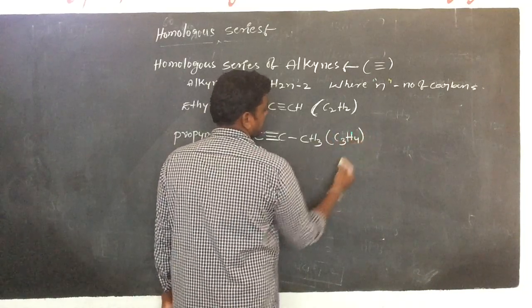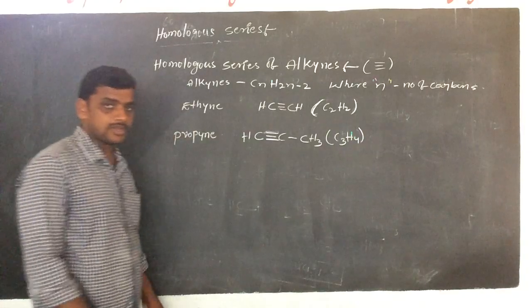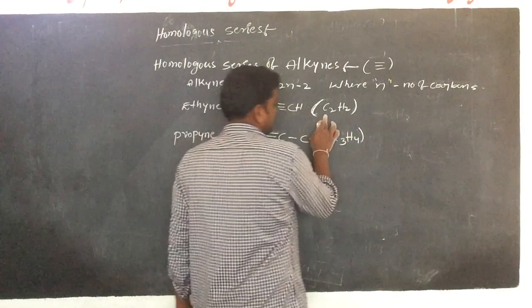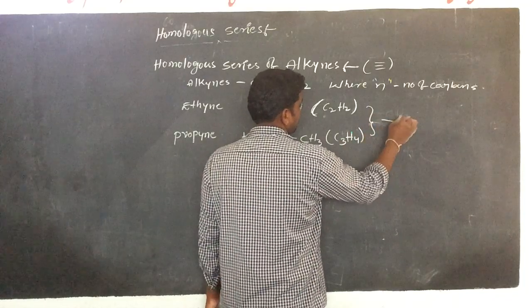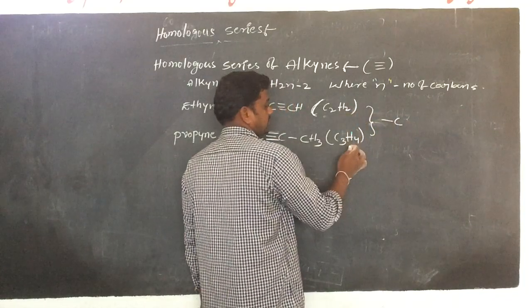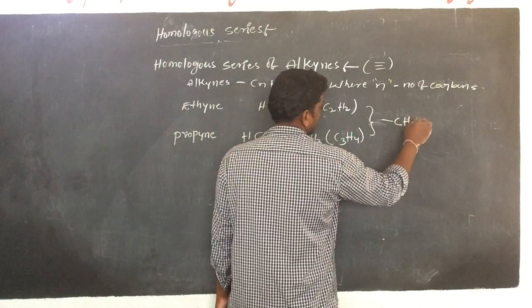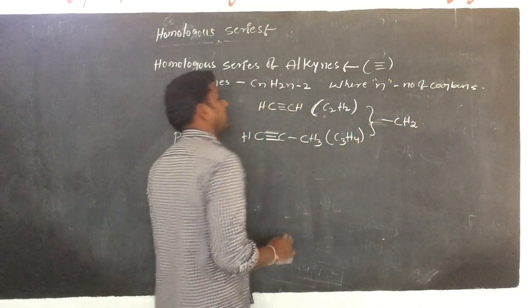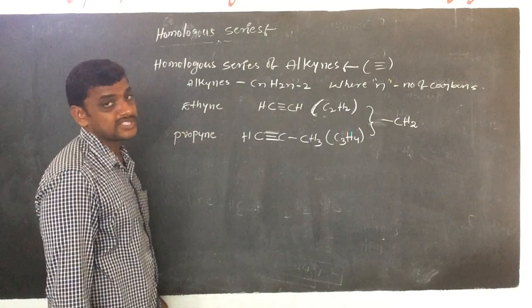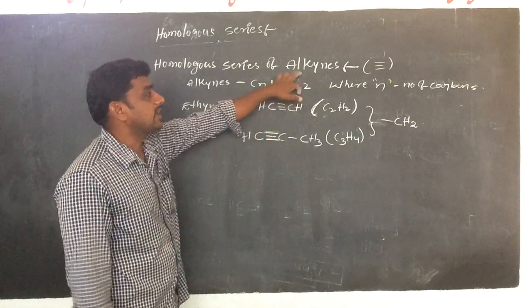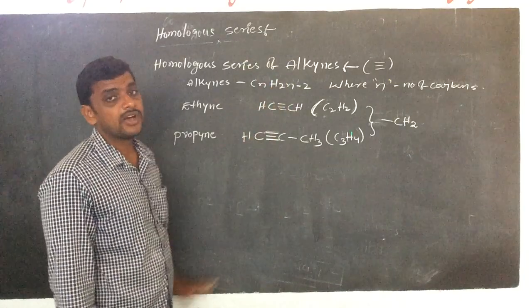What is the difference between the two compounds? Here carbons are 2, here 3, so C. And here 2 hydrogens, here 4 hydrogens, so H2. These two compounds differ by a CH2 group. So these are also an example of the homologous series of alkynes.